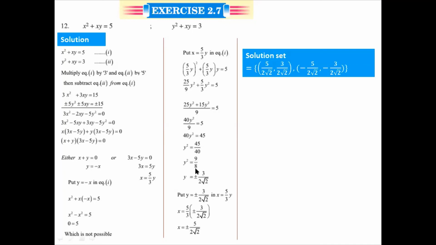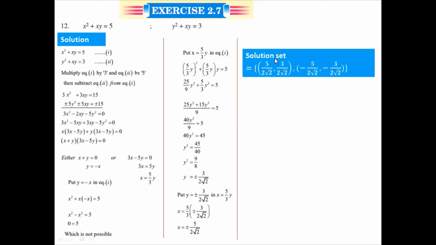When we take square root on both sides, the square root of 9 is 3 and the square root of 8 is 2 square root of 2. We have to take plus minus on the right hand side. Now put this y is equal to plus minus 3 by 2 square root of 2 in x is equal to 5 by 3 y. So we have x is equal to plus minus 5 divided by 2 square root of 2.